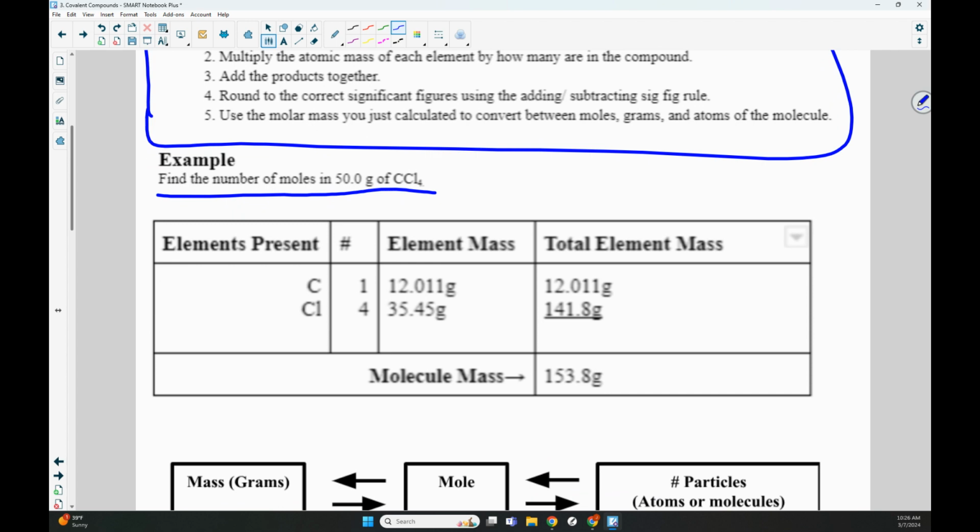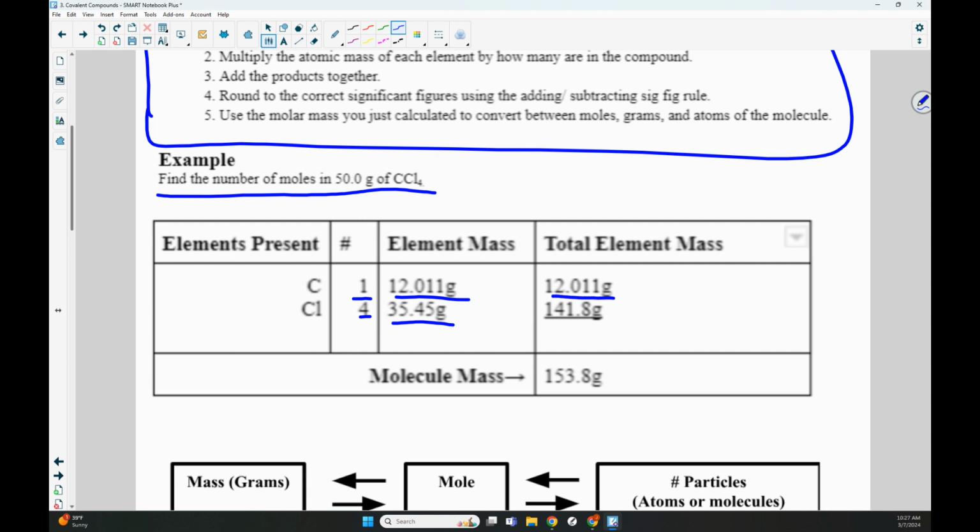So in carbon tetrachloride, we have 1 atom of carbon, which has a mass of 12.011 grams. And we have 4 atoms of chlorine, each of which has a mass of 35.45 grams. So since I've got 1 carbon, I multiply 12.011 times 1, and of course I get 12.011 grams.